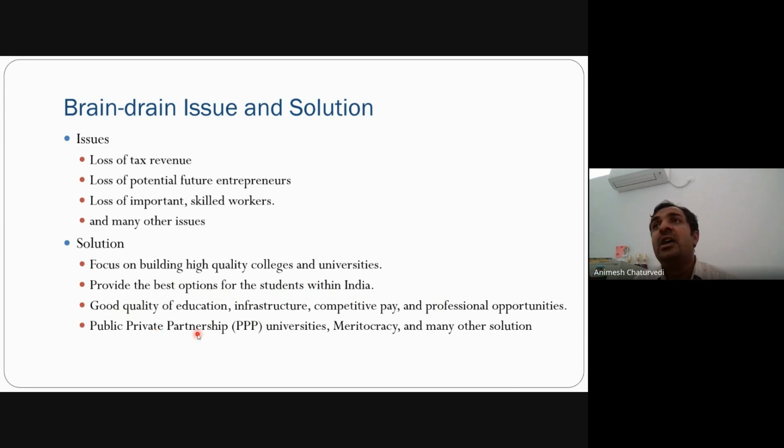Most of the top-ranking developed country universities belong to the model of public private partnership, that is PPP universities. They do not depend on funds given by any government organization. They develop their own revenues and build their own competency. Then there's a high need of meritocracy. Then there are other solutions also.